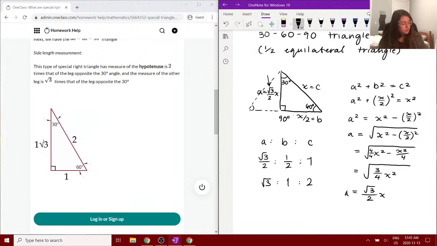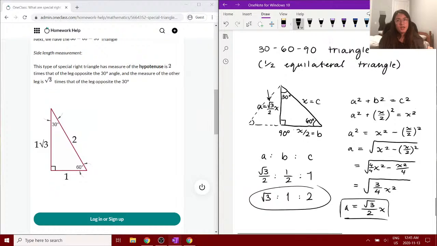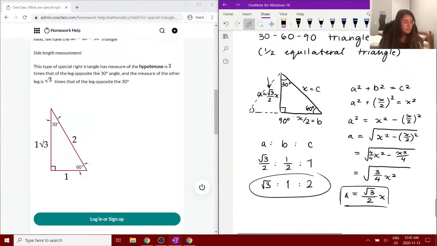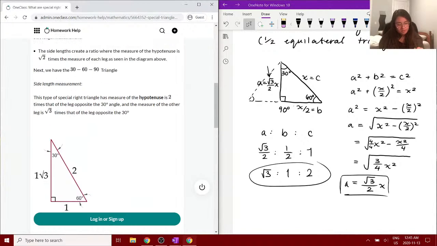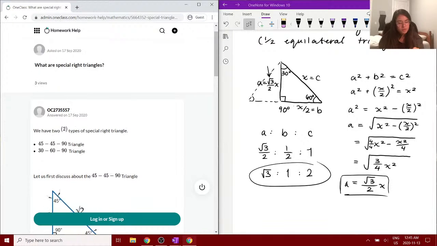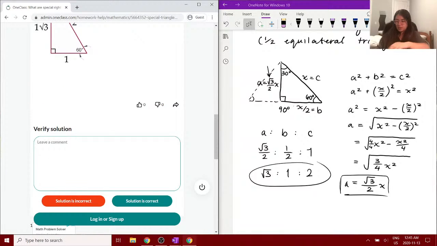And that will give you the side length or the ratio for A. So all in all, this is the ratio for the 30, 60, 90 triangle, and that is our second special triangle that we'll talk about today, or, well, all of them, because the question was asking what the special right triangles are. All right, so that's everything for that question, and the solution is correct.